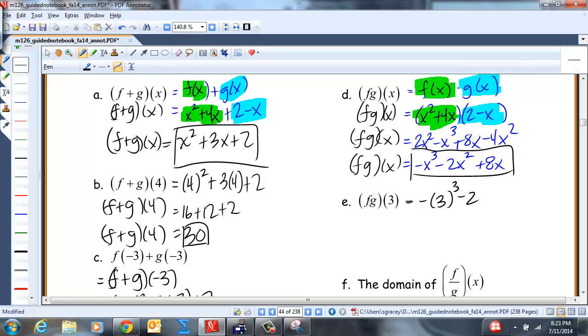Negative 3 cubed minus 2 times 3 squared plus 8 times 3, using the function we found, which is negative 27 minus 18 plus 24, which yields a result of negative 21. And so this is the product function evaluated at 3.